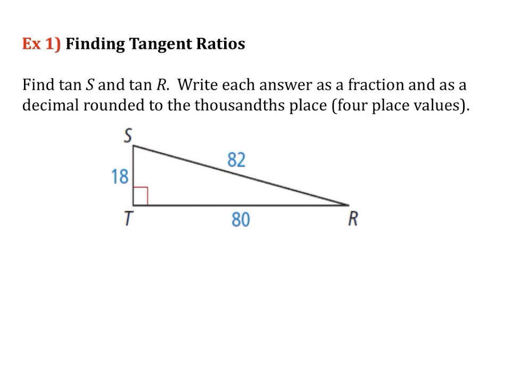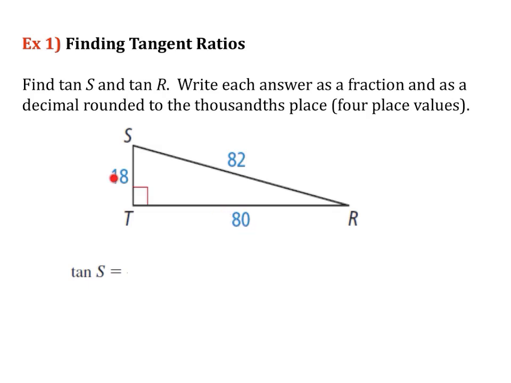So let's start with tangent of angle S. So here's our angle. Tangent is always opposite divided by adjacent, all the time. So I identify the angle that I'm trying to get the measure of, and then I go to the opposite side divided by adjacent.